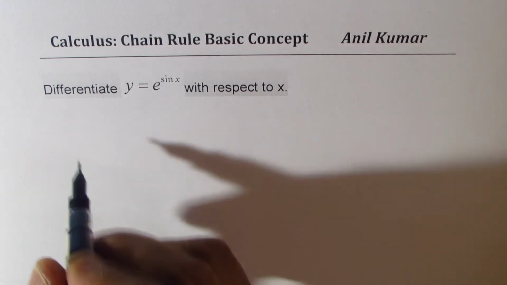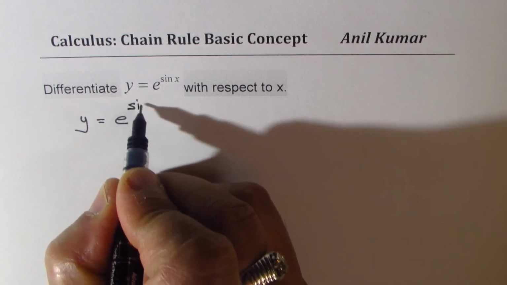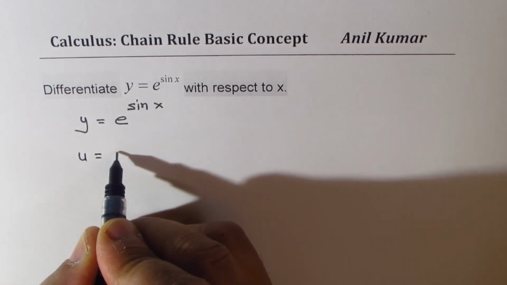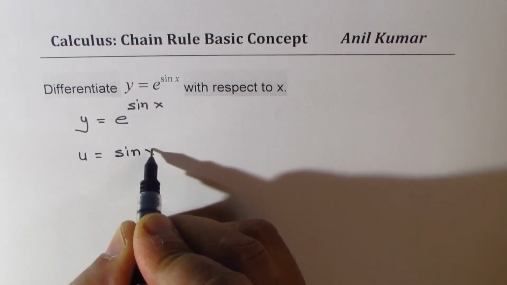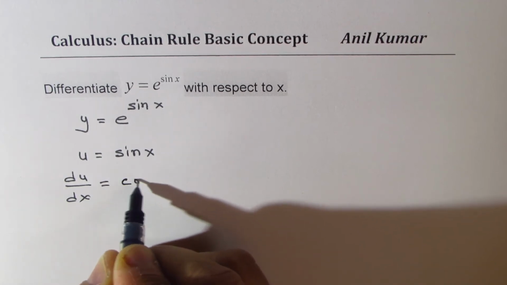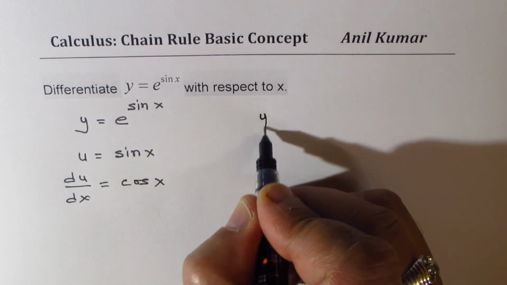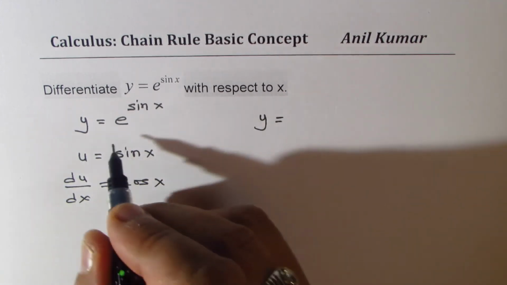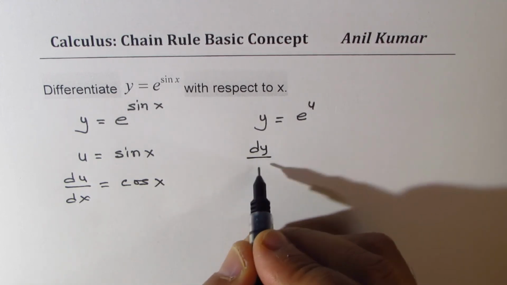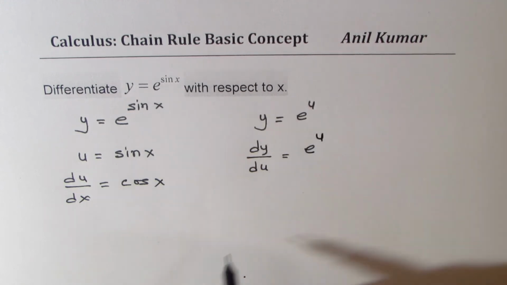We need to now differentiate y equals e to the power of sine x. Now the substitution which I am going to make is u equals sine x. So we know du dx is equal to cosine x. On the other hand, once you substitute this, the function becomes y equals e to the power of u. So the derivative with respect to u will be the same thing, e to the power of u.